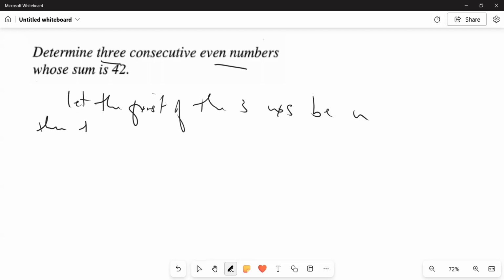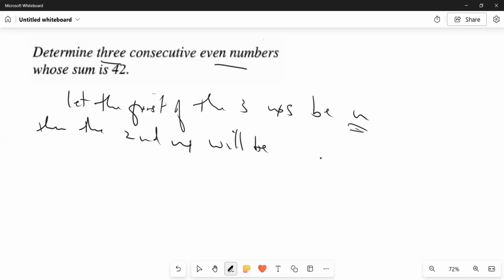Then the second number will be, if the first one is n, and here is where your knowledge of number theory will come in, how do you express the next even number?